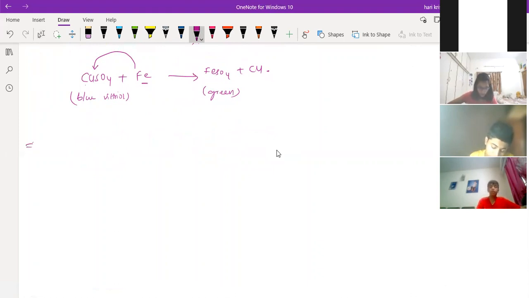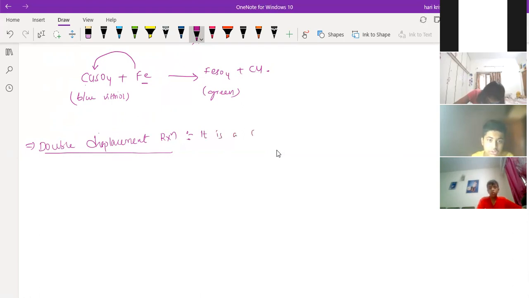And the next one is a double displacement reaction. So what is the double displacement reaction? The two compounds displace each other.